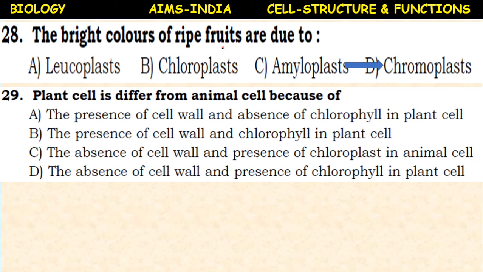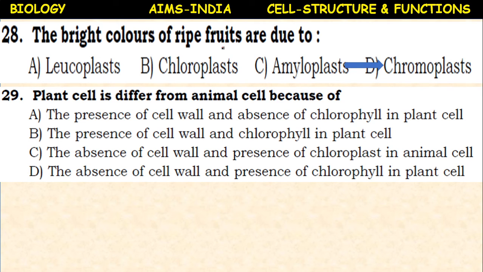Next, the plant cell differs from animal cell because of, the four options are given. The first option is presence of cell wall and absence of chlorophyll.